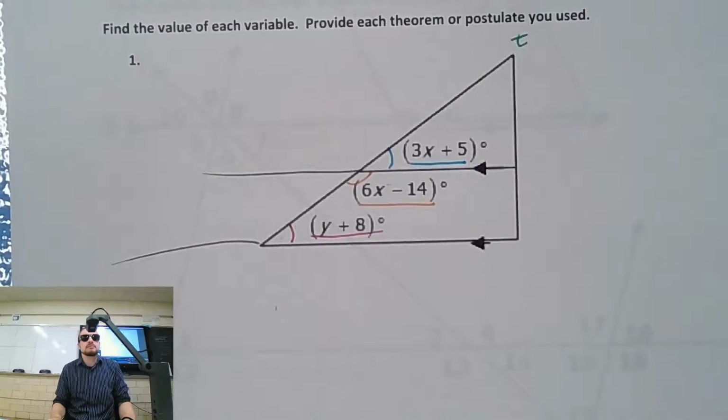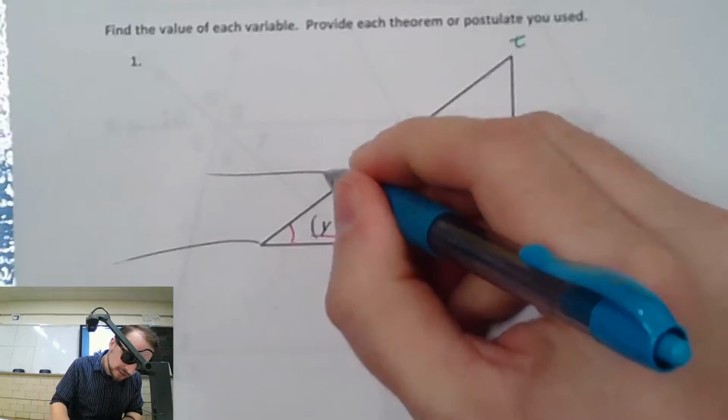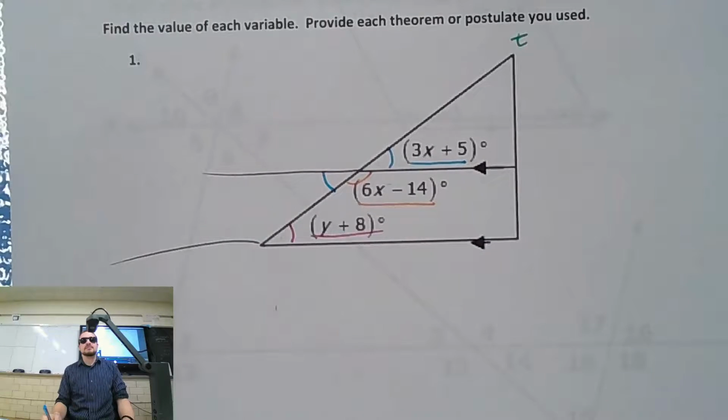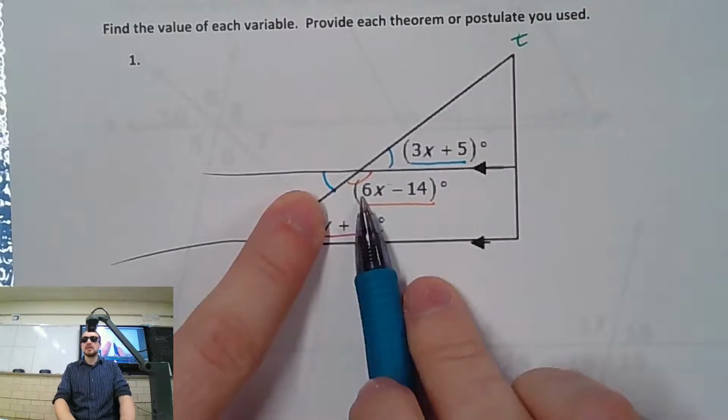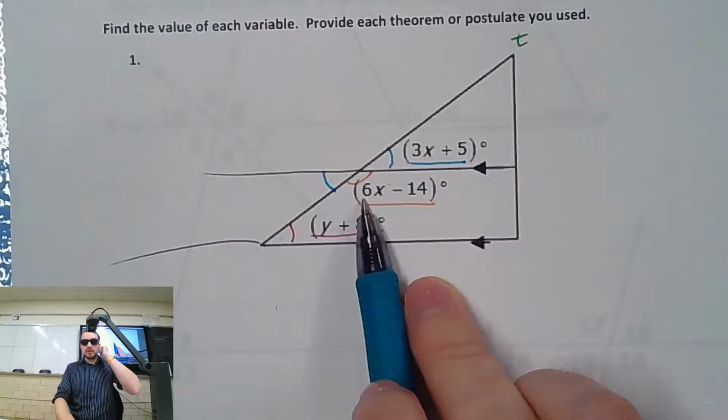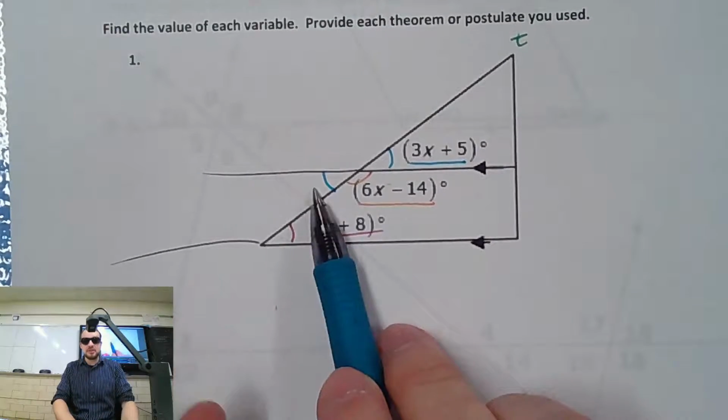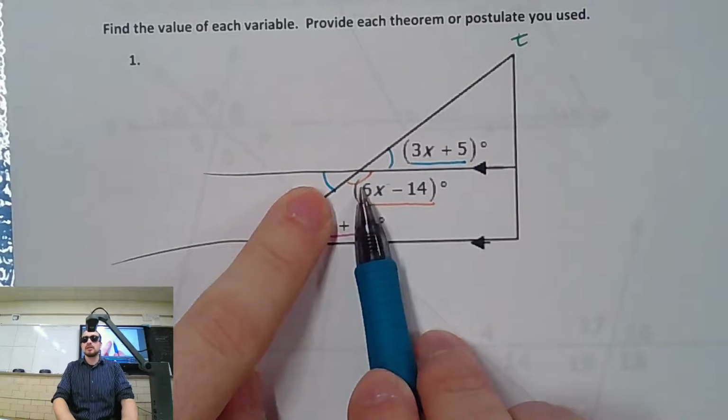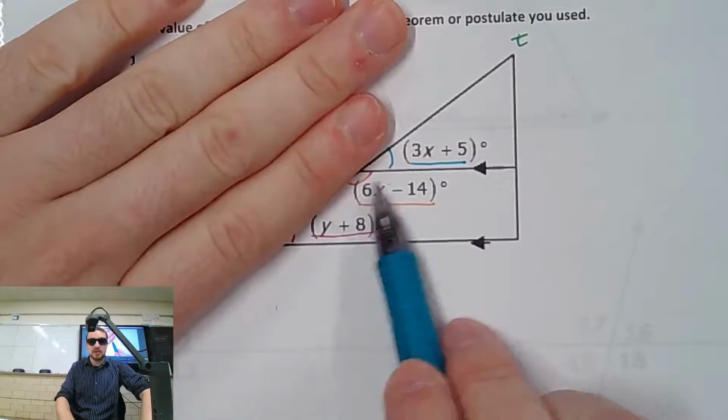And then 3x plus 5 is vertical to the angle, so these are vertical, and then those two add to 180. Good. For Courtney, it was easier to see once she did this that these two angles are indeed a linear pair. Could we have seen that before? Yes, they're on a line right here.